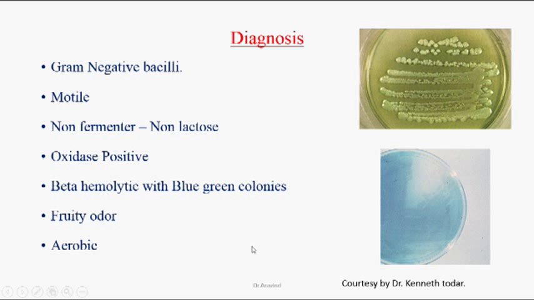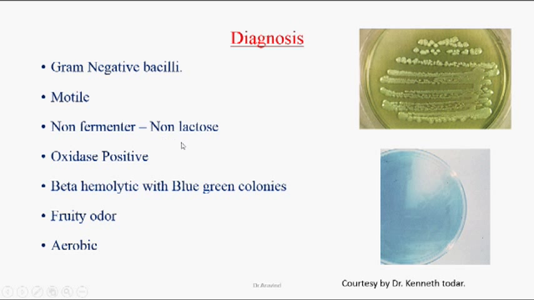Diagnosis: on Gram staining, these organisms are gram-negative bacilli with flagella, and they are motile in fluid media. They are non-fermenters because these organisms are oxidase positive, and non-lactose fermenters. On MacConkey agar, these organisms grow as colorless colonies.